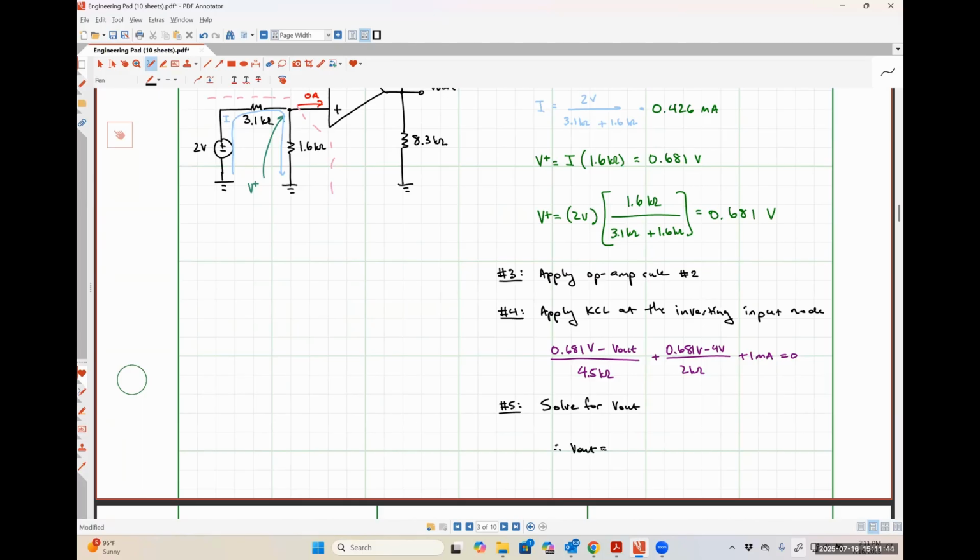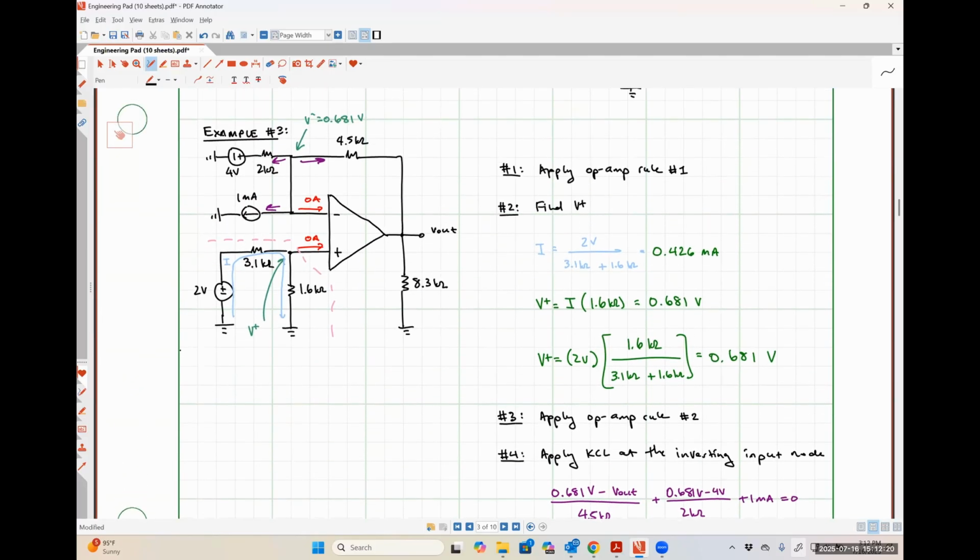So I got V out is equal to negative 2.287 and some change volts when I threw that into my Casio equation solver. Trevor's giving me a thumbs up that says that's correct. West got that as well, so I will assume that the three of us are correct. Okay.